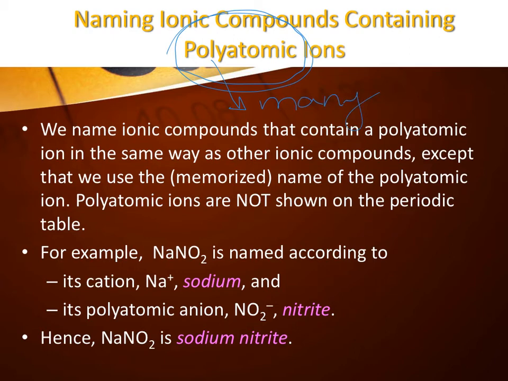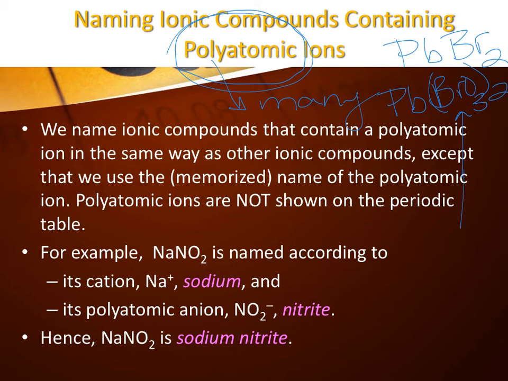So instead of, let's say, lead bromide, what if you had something funky like lead and then something strange like that? Instead of having one atom for your anion, you've got bromine and oxygen, more than one. That is a polyatomic ion.